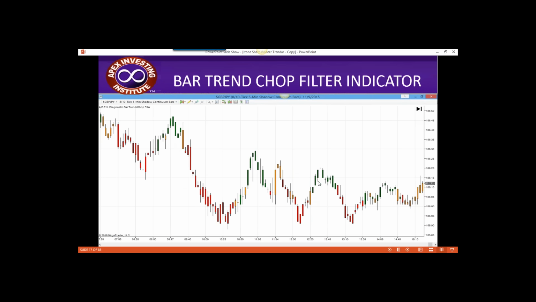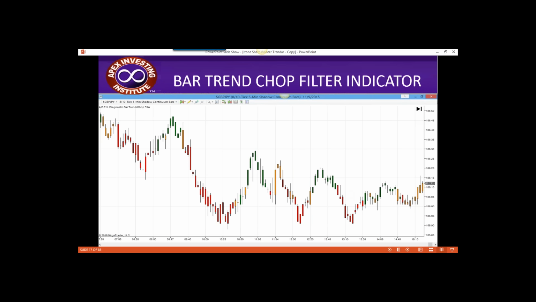How can a down closed bar be green? Well, because look, what happened right here? Kind of a little choppy, right? Just because this one closed down a little bit doesn't necessarily mean you're out of that chop yet, does it? It could mean that. Maybe it does, maybe it doesn't, right? So this is a chop indicator, all right? It takes into account choppy areas, so you're not just influenced by green or red bars to determine direction, okay? It filters out the chop with the orange bars, and this is a chop filter.